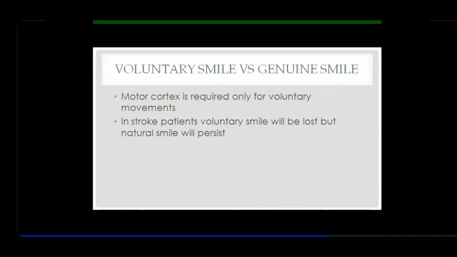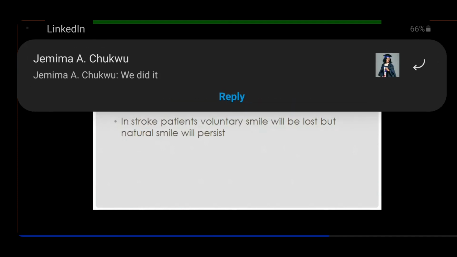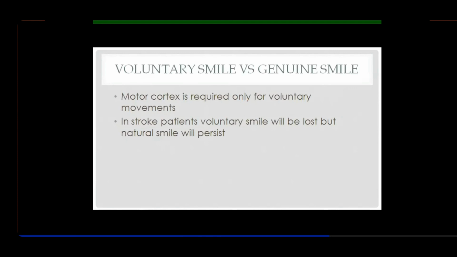was the extrapyramidal tract, like the basal nuclei. The gray matter embedded within the cerebral hemisphere is called basal nuclei, and they were part of the extrapyramidal tracts, right? So there are also inputs reaching those muscles of facial expression through the extrapyramidal tracts. So if there is a lesion of the pyramidal tract or the cortex, because remember, the motor cortex is required for the voluntary movements of the muscles, right?